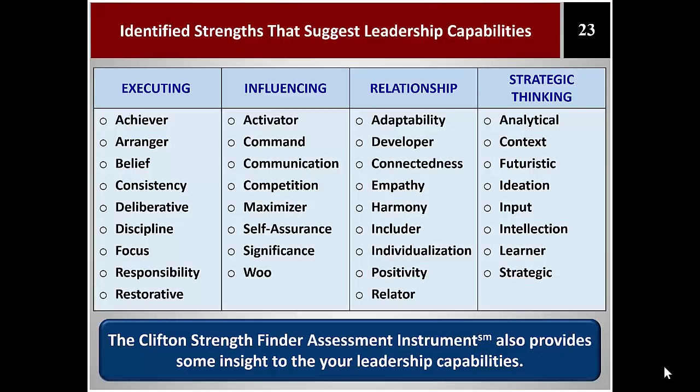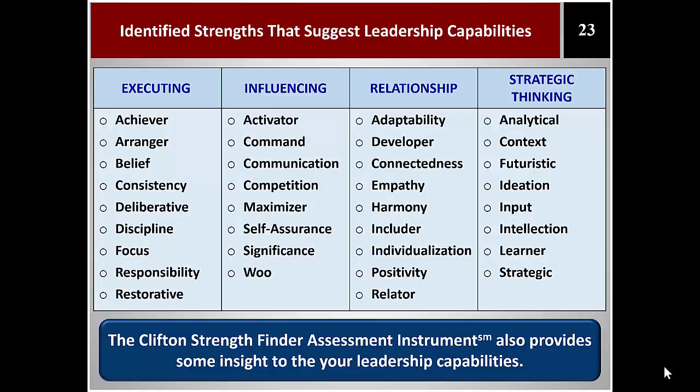And so if you are really dominant in activating and commanding and communication and competition, this may suggest that you are a leader that comes at leadership through the ability to influence others versus through more of a relationship process. If you turn out to be a highly analytical, context-driven, futuristic person that focuses heavy on idea generation or ideation, as we call it, then that means you're more of a strategic leader.